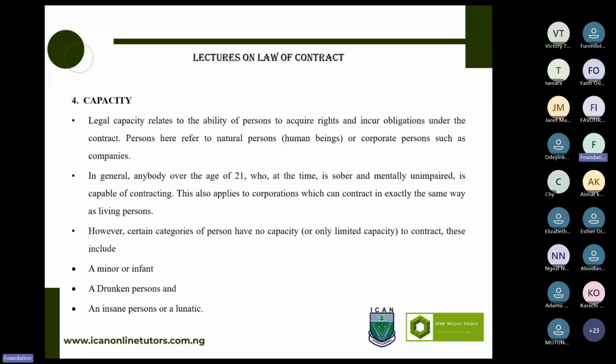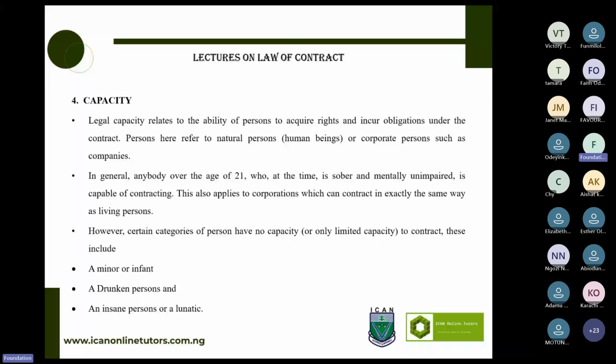If they're asking for age capacity, in Nigeria, the age capacity is actually 18 years. So if you are below 18, you cannot enter into a valid contract. However, when we are dealing with contract law, the recognized age capacity is 21 years old, because contract law emanated from the law of England. So that's their own position, 21 years old.